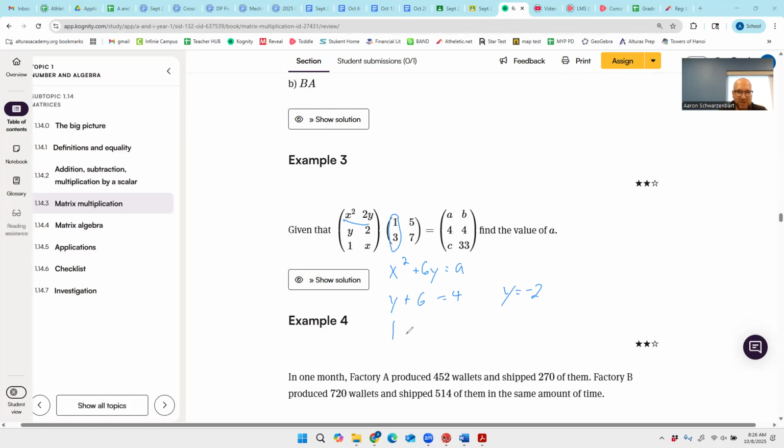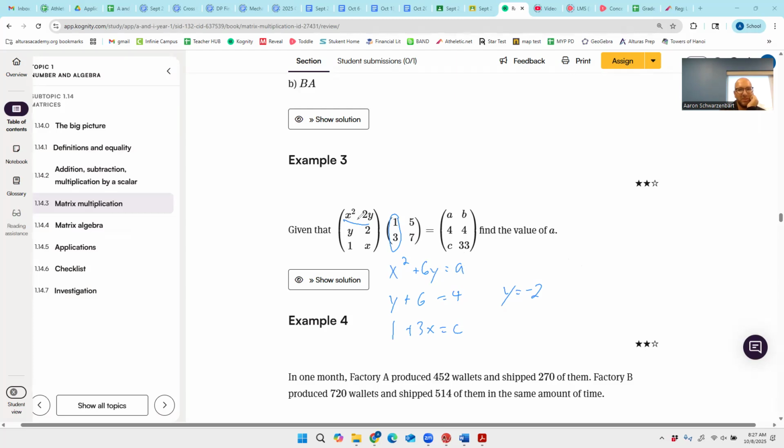Next multiplication, 1 times 1 plus 3 times x equals c. I don't know what x is yet. So this is column 1 of my matrix.